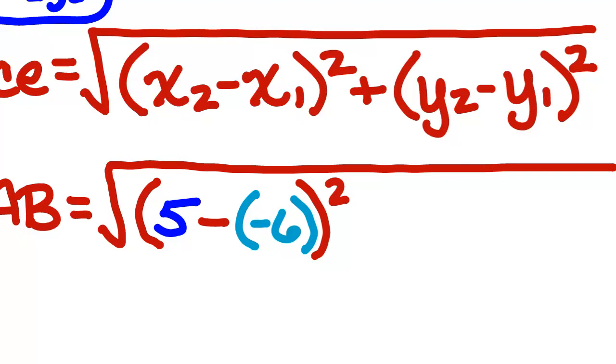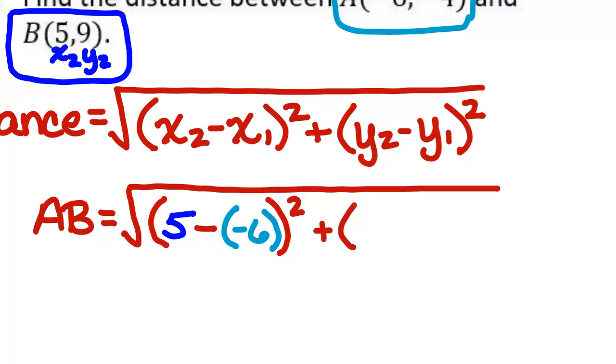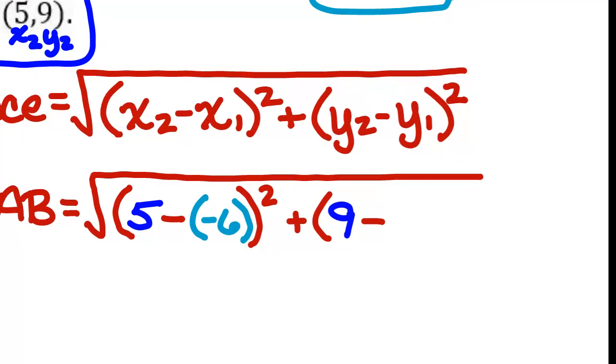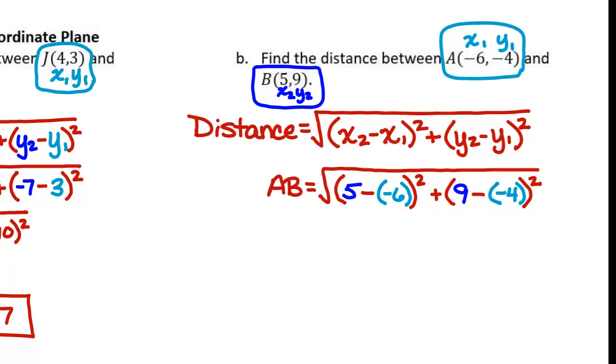Close my parentheses and square it. Plus, open up parentheses. What's my y2? 9. Minus from my formula. And then what's y1? Negative 4. Close my parentheses and square it.